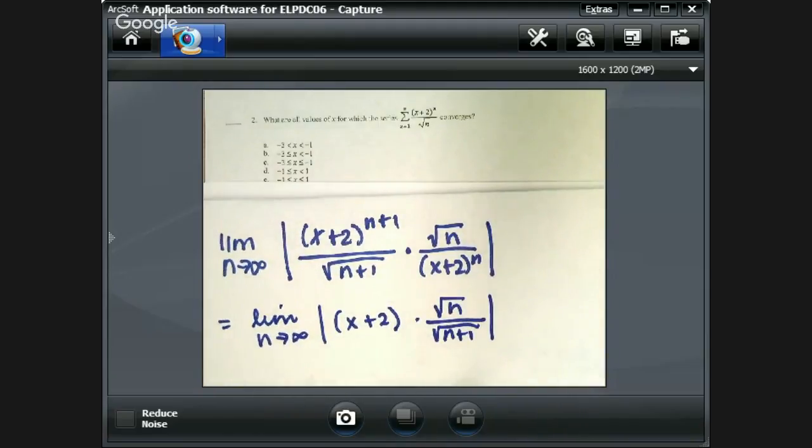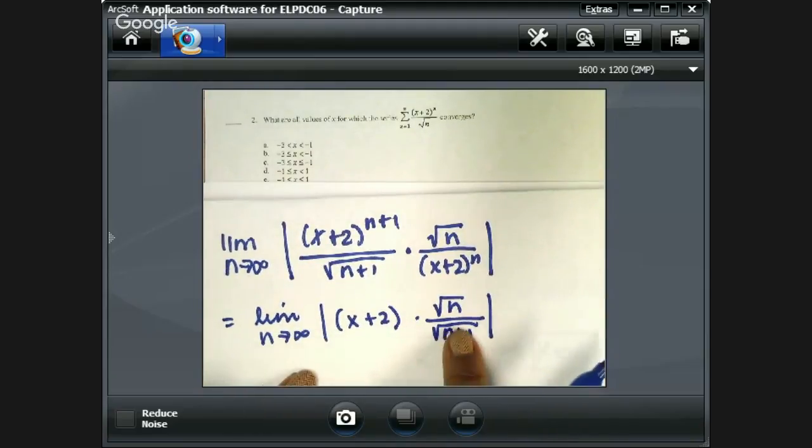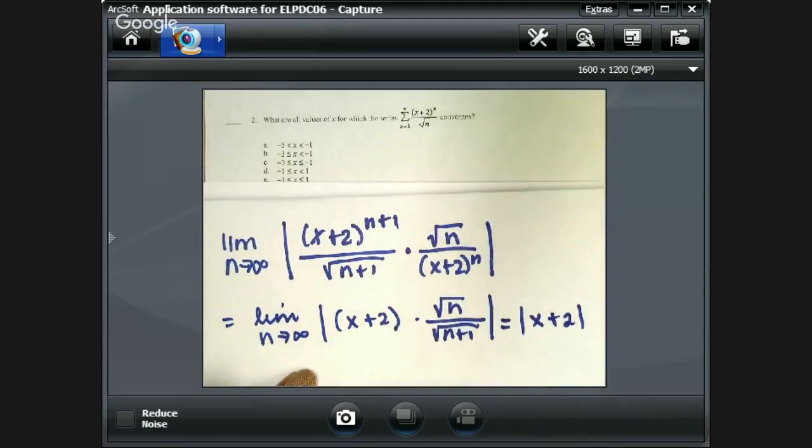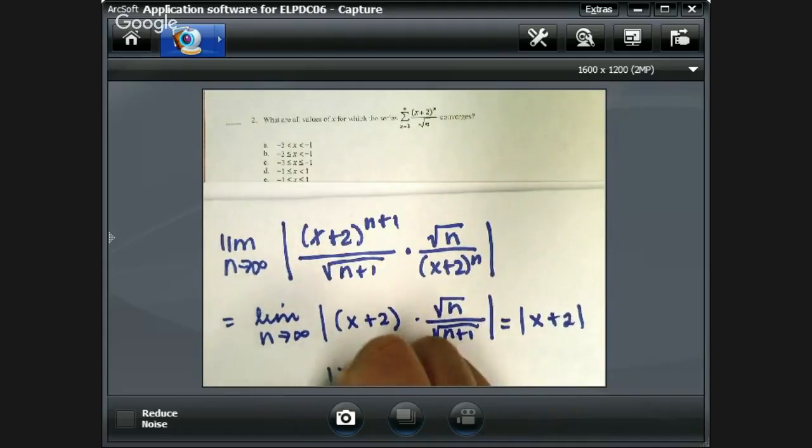As n goes to infinity, this expression here goes to 1, so the limit here is the absolute value of x plus 2. Now, in order for this series to converge, I need to find out when the absolute value of x plus 2 is less than 1.